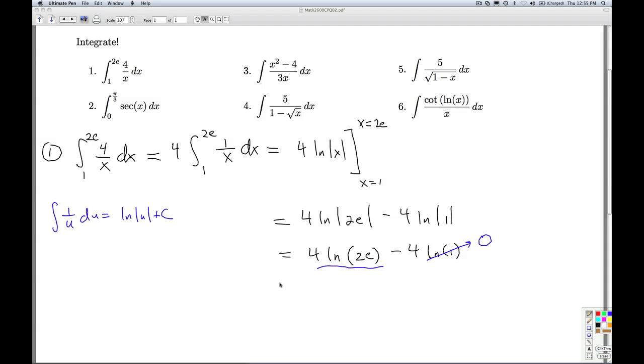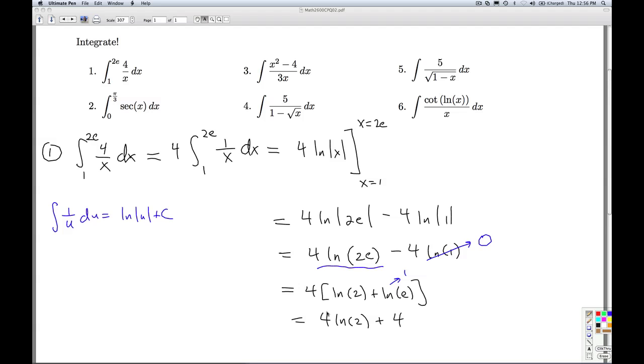But remember, depending on what's going on in the back of the book, we can use log properties here. We can rewrite the natural log of 2 times e as the natural log of 2 plus the natural log of e. And by definition, we know the natural log of e is 1. And so another form we could see would be 4 natural log of 2 plus 4 times 1, which is 4.